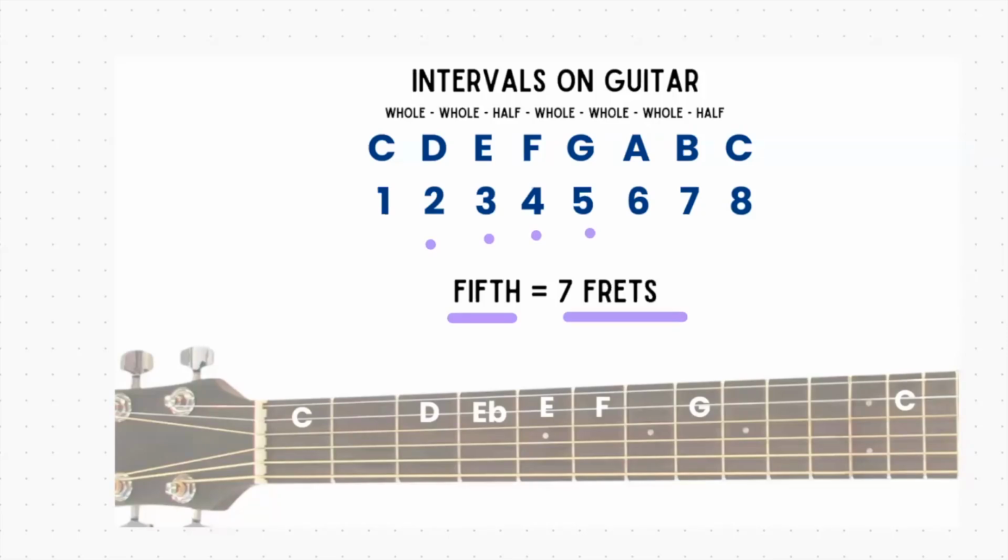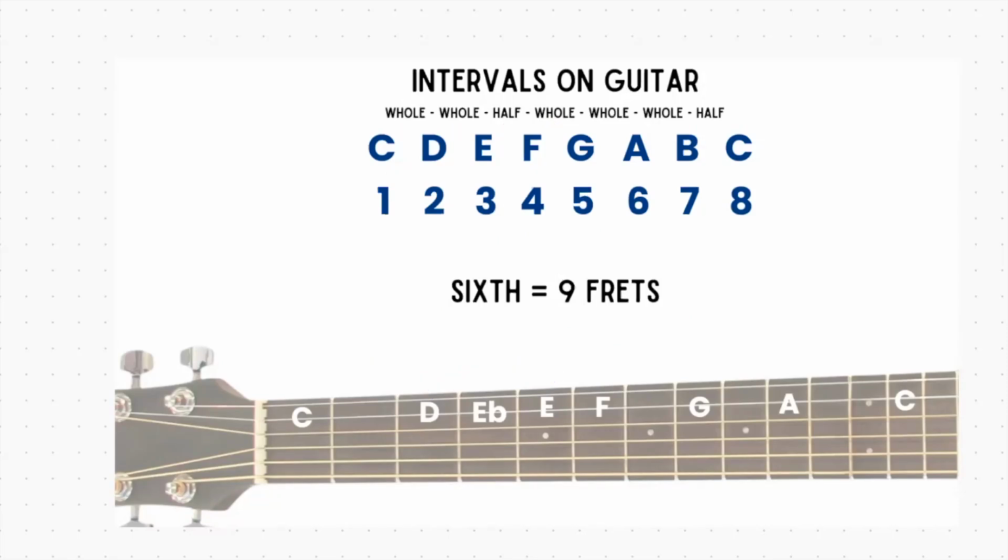Again, because whole equals 2, C to D, 2, plus 2, 4, right? Then 5 from E to F, because E is only a half step away from F. 7 is 2 more because it's a whole step between F and G. So fifth equals 7 frets on the guitar.